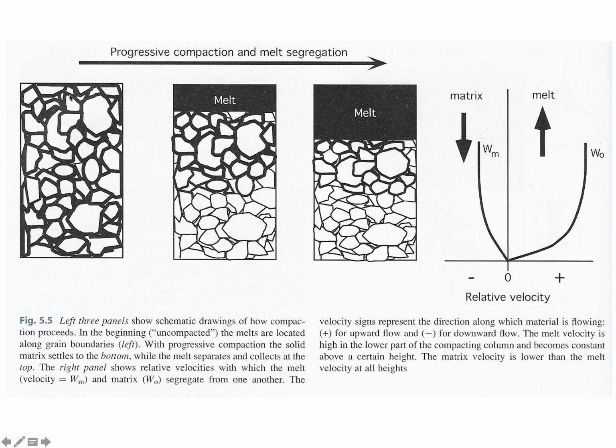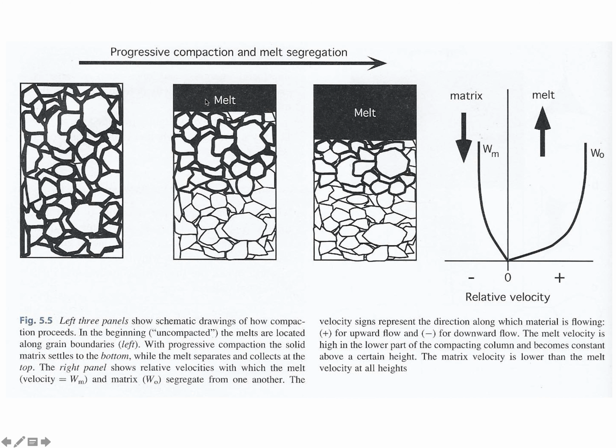And if we are talking about a mafic rock, then this melt is along all the grain boundaries. With progressive compaction, the solid material settled to the bottom. Here we have solid material, yeah. Here we have then solid material. Here we have still melt along the grain boundary.